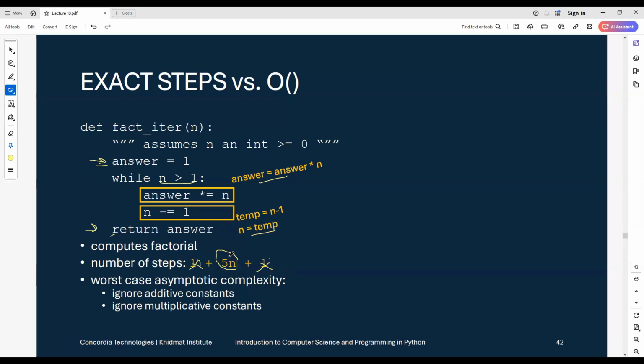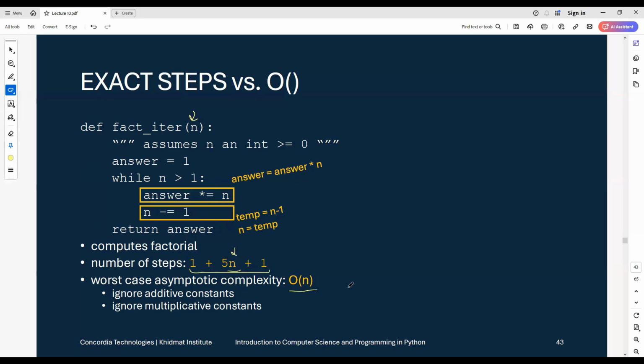And we also don't have to worry about the multiplicative constants in front of the variable that we are trying to gauge the complexity of the algorithm on. So the complexity of this algorithm is simply this n here within this whole expression. The only significant item that we have to worry about is this number that came in as the input to this algorithm. And the complexity is linear.